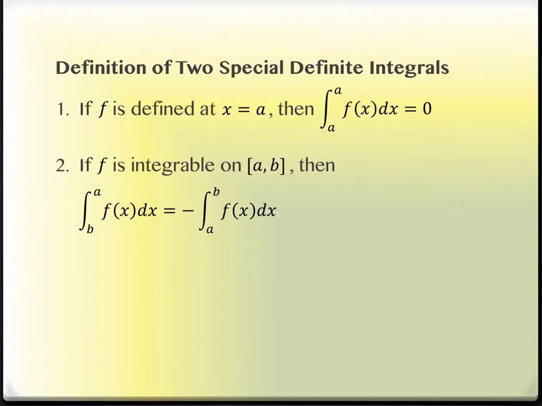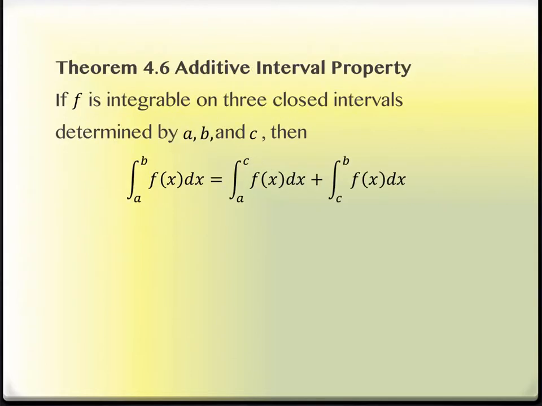If we looked at the distance between 2 and 5, we would say that the distance is 3. But if I do 2 minus 5 or 5 minus 2, one of them is positive, one of them is negative. Same thing's happening here, okay? So the order in which the limits of integration occur, if we switch them, we get the negative area of that quantity instead.